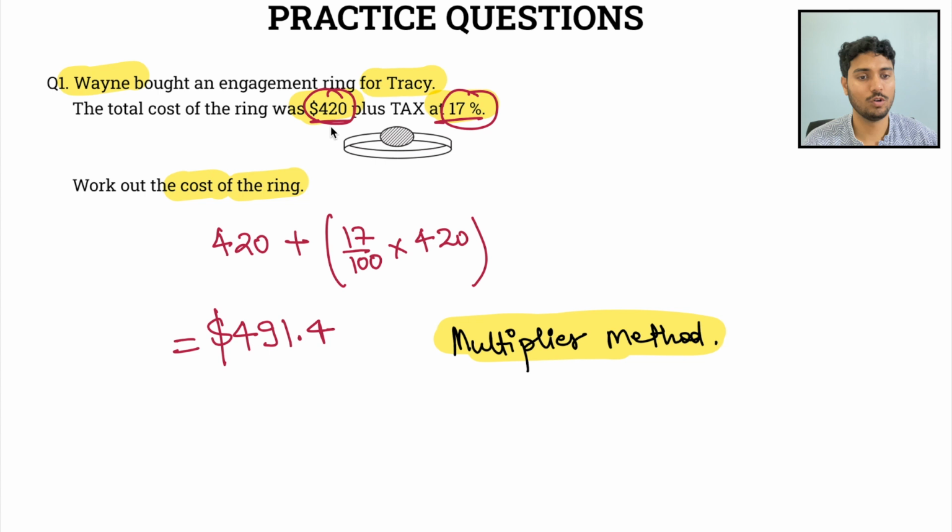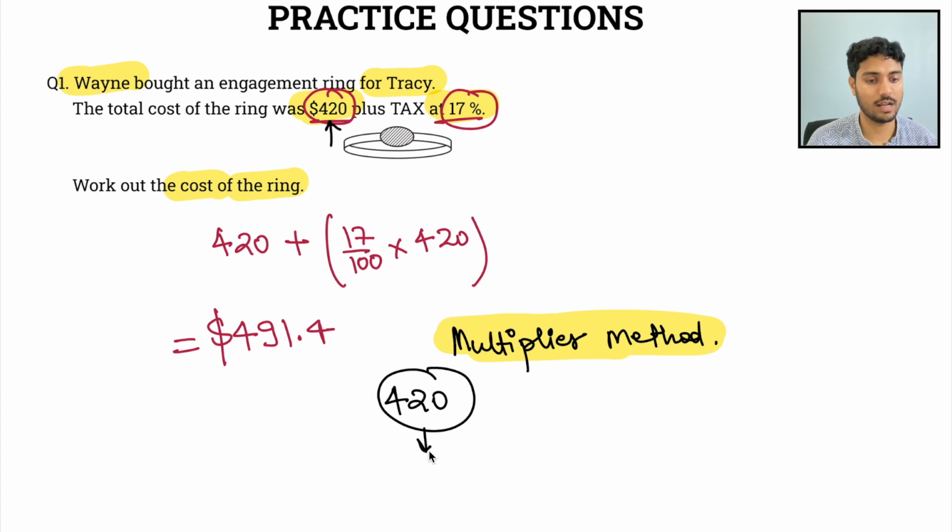So 420 is the price of the ring. This you have to consider as 1, and now it is increased by 17%. So 17% is how much? 0.17. It is always like this because it is divided by 100, so the decimal point will come here. So you add 0.17 here, 1 plus 0.17.